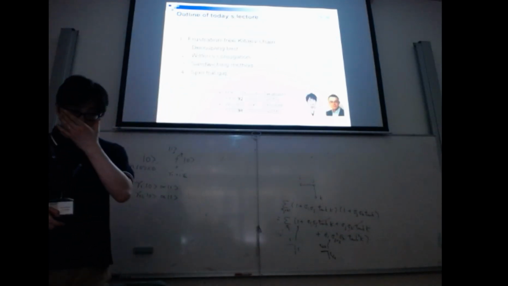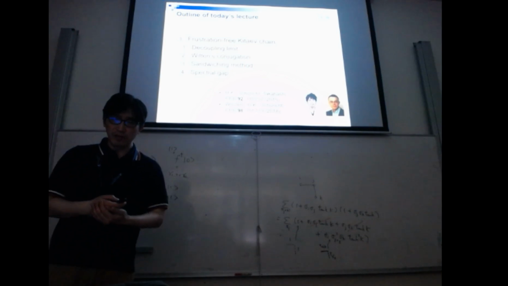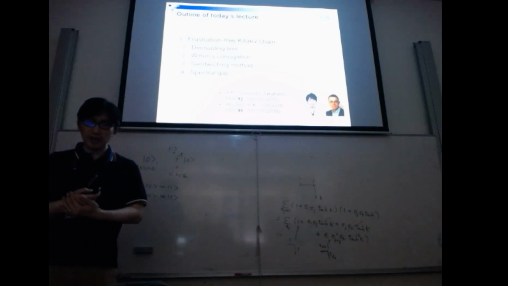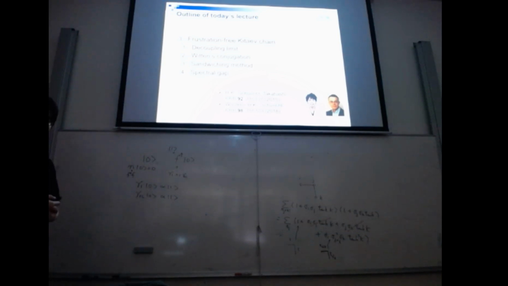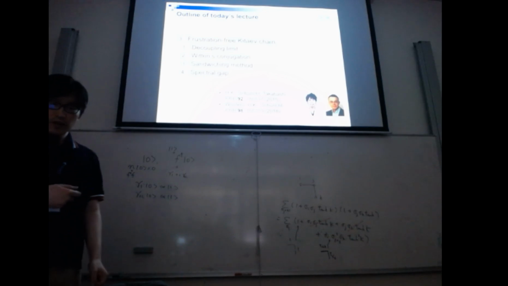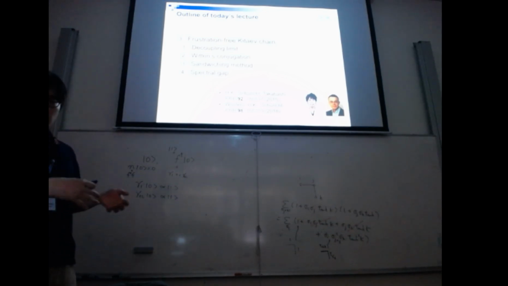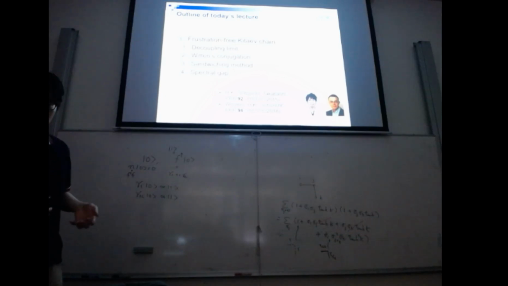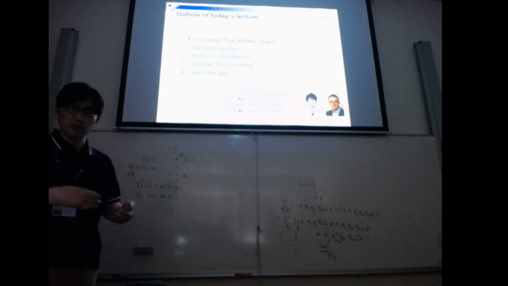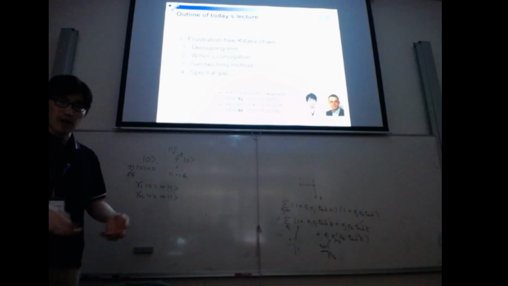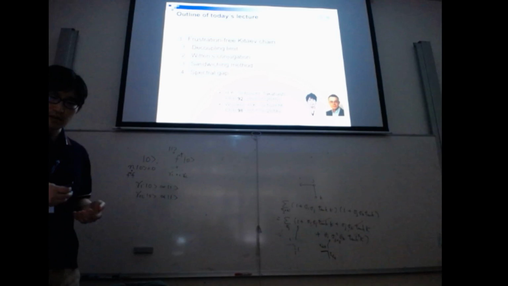Okay, now let's move on to the third part, and I will introduce the frustration-free Kitaev chain. I will first consider the decoupling limit of the non-interacting case. Because it's just a non-interacting model, you can easily solve it. Then if you apply the Witten's conjugation and sandwiching method, which I introduced yesterday, you can construct an interacting version of the Kitaev chain, for which you can get the ground state exactly and explicitly.